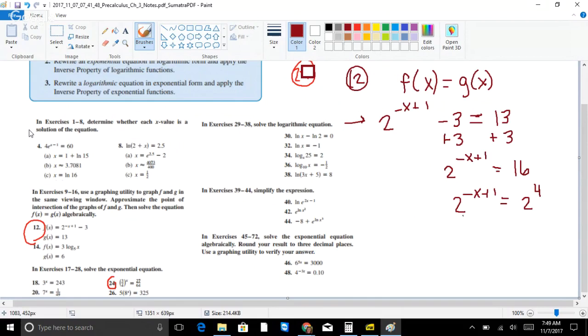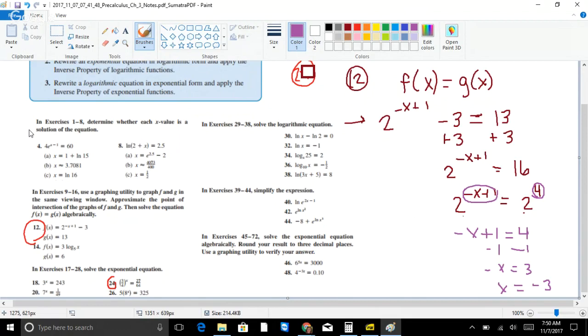I just have the same base now. And so now I can just say that because I have the same base and the one-to-one properties, that my 2 exponents equal each other. So negative x plus 1 equals 4. Do a little math, and we get negative x equals 3, or x equals negative 3.